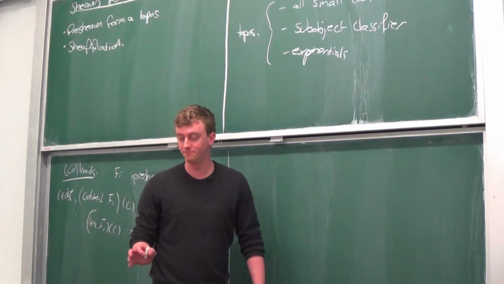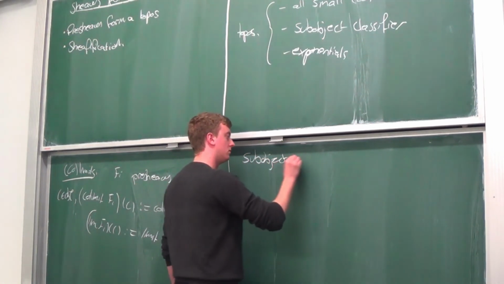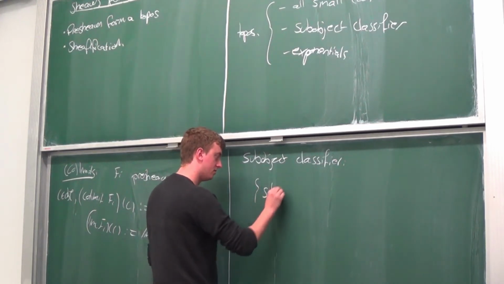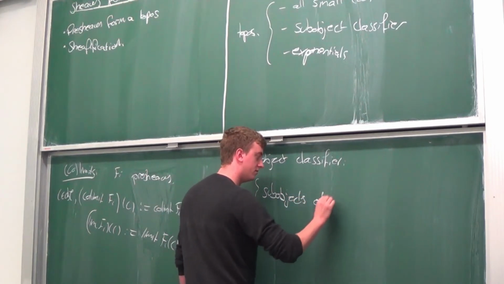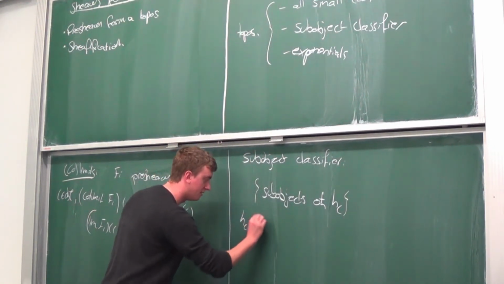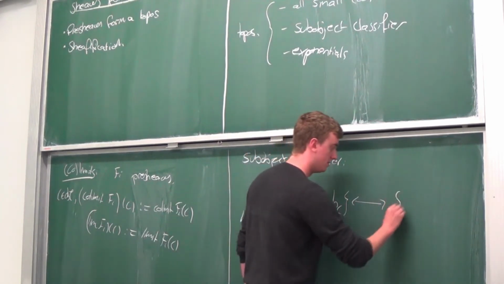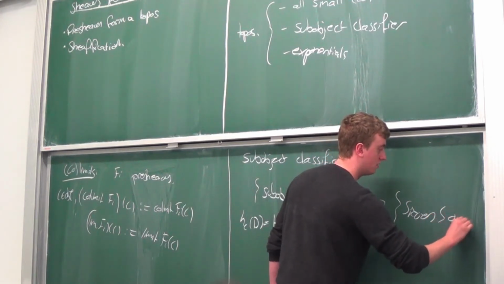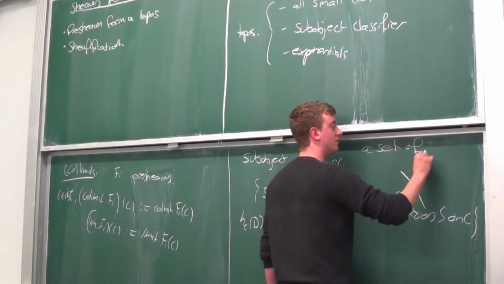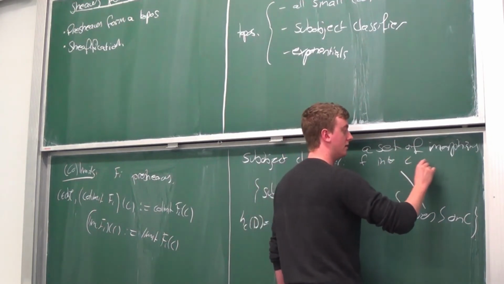The subobject classifier is a little bit more complicated. We'll recall from a few talks ago that there is a bijection between subobjects of h_C, which is a representable functor, where h_C(D) is Hom(D, C), and sieves on the object C, where a sieve is a set of morphisms F into C closed under precomposition.